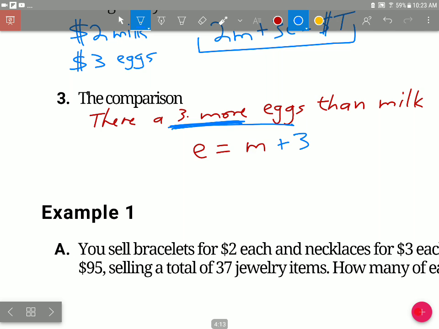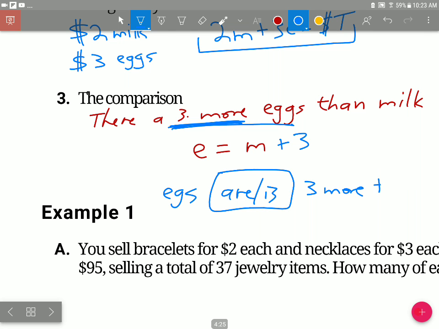Now, if they say something like this, eggs are or is 3 more than milk. That's the same thing in English. If they use the word are and is between them, that just reads right off.